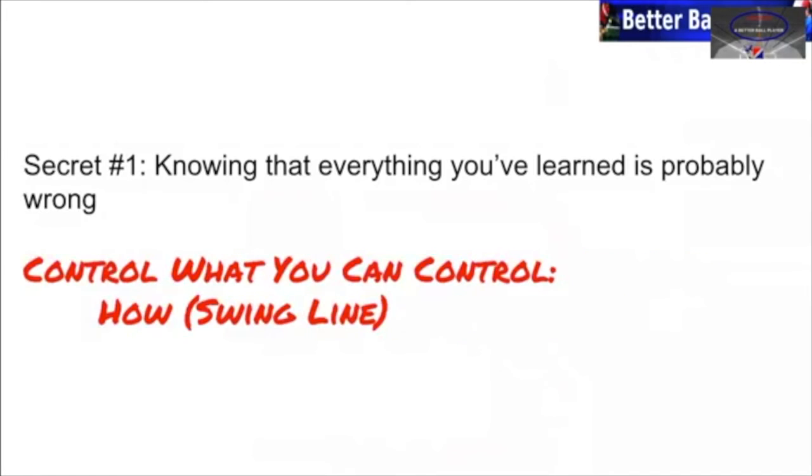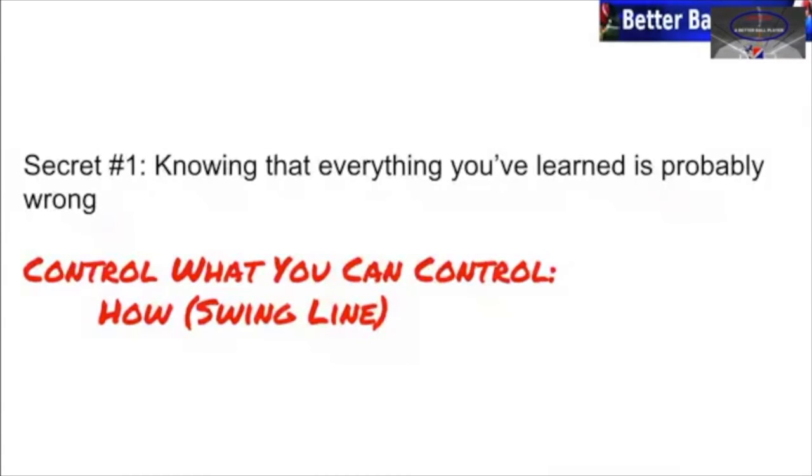What I mean by that is there are certain things that you want to learn to control what you can control, and you can control the how. We talked about Barney and imagination and the 3 instructors. But you can control your swing line.